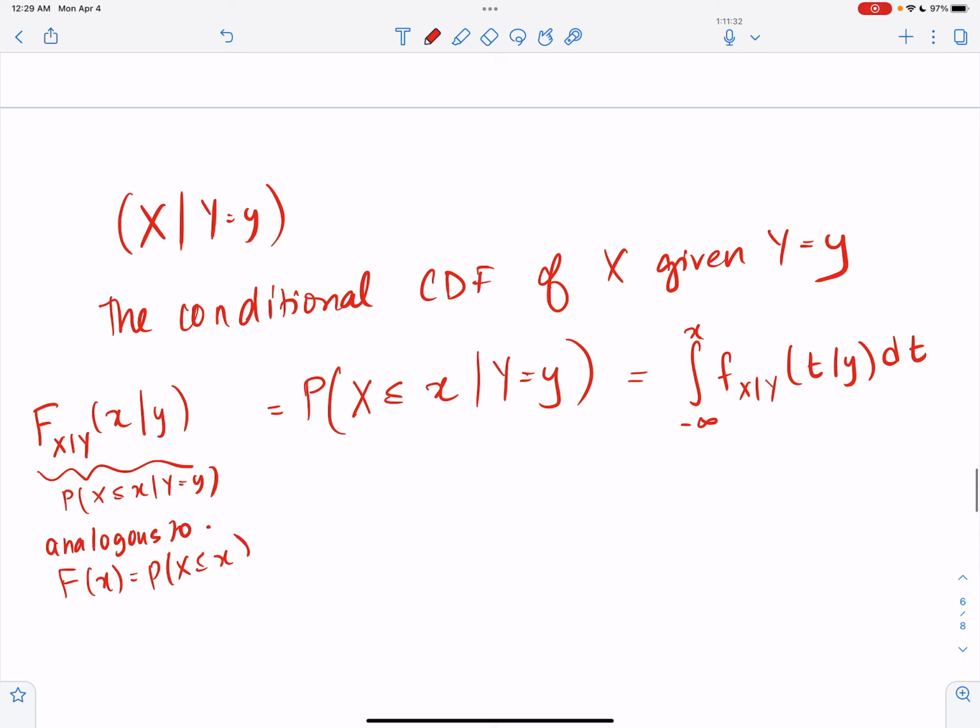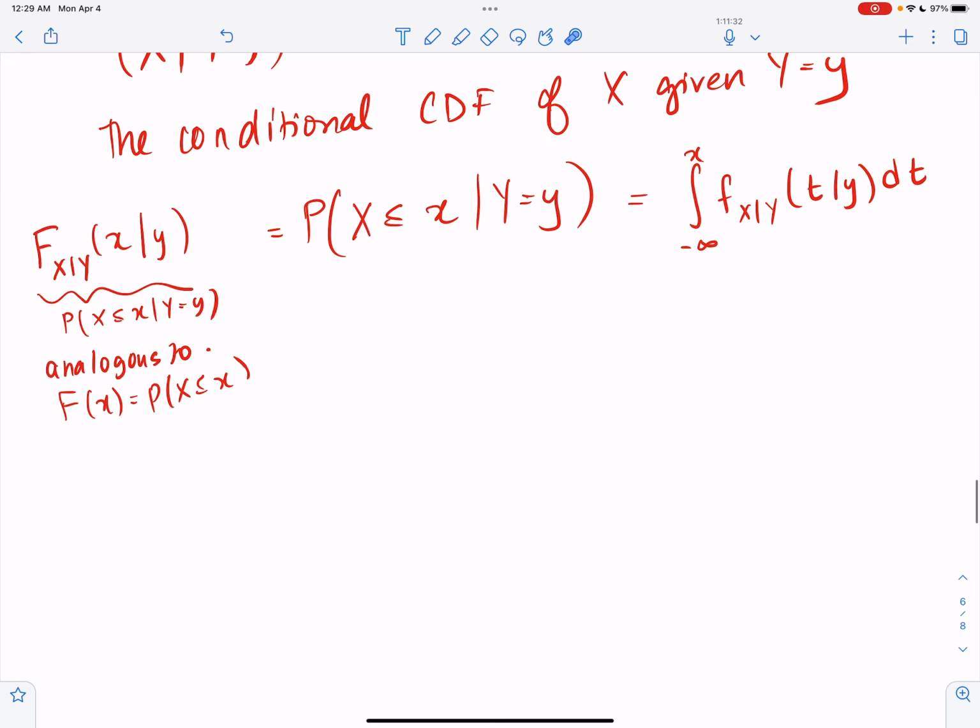For example, in the son-father example, we could talk about the probability that the son's height is less than or equal to a certain value. We just take the joint CDF and plug in that value for x. The y is already there, whatever you had set your y to be.